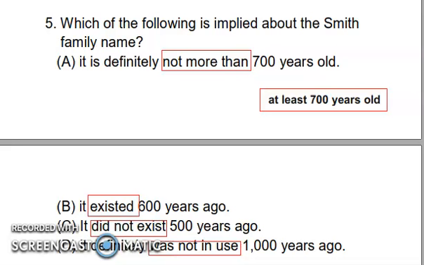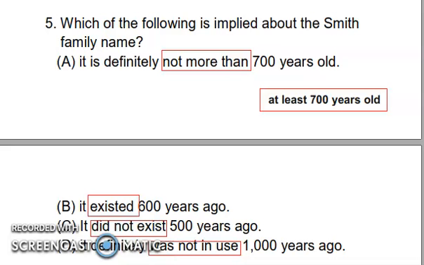So we cannot have an assumption that the Smith family name exists more than 700 years old. For example, if we assume that the Smith family name is about 800 years old, that's a wrong assumption, according to answer A. Meanwhile, in the text, it is clearly stated the words "at least" here.